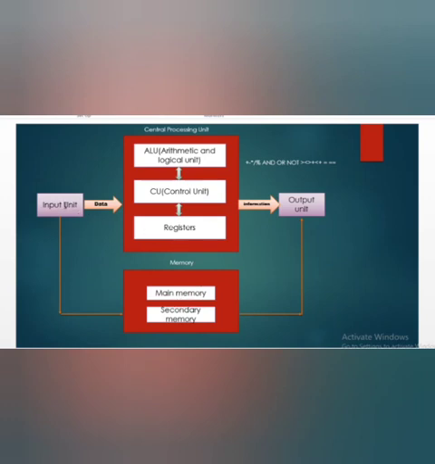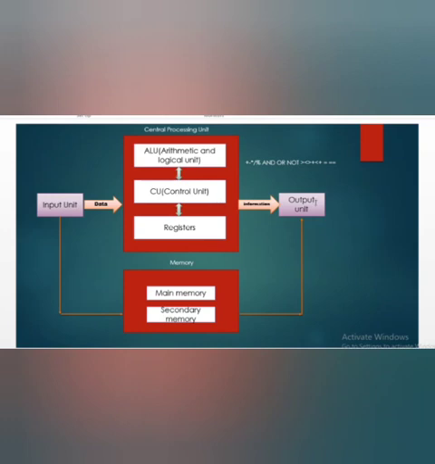First we have to take the input, then the data has to be processed. After that, the data will be moved back to the memory. Then that data will be displayed by using the output unit. The actual function of the output unit is just the reverse of the input unit.